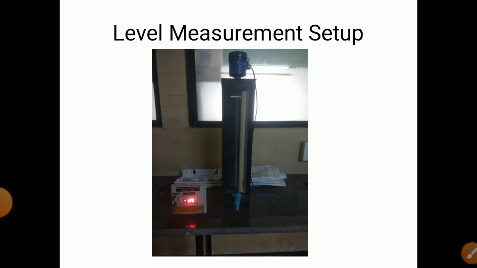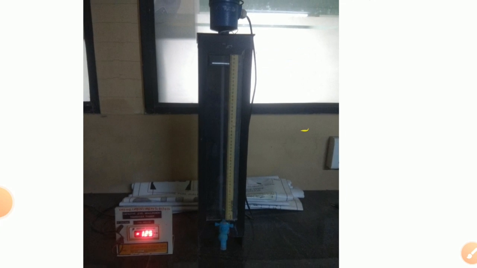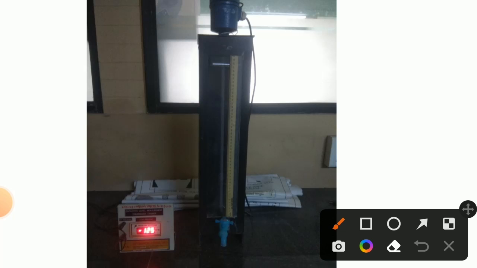This is the level measurement setup. So this is the level measurement setup available in our lab. Here you see, this is the drain tap, it's shown over here. This is the level indicator, and from the top side we are going to put the water inside the tank. So this is the tank.